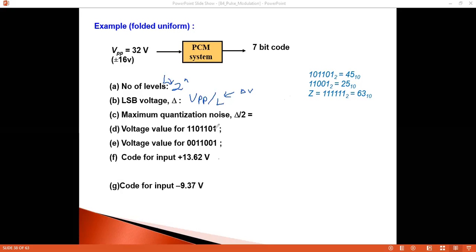So to solve this, first we check. We use 7 bits: 1, 2, 3, 4, 5, 6, 7. The MSB here is 1, so this is positive.